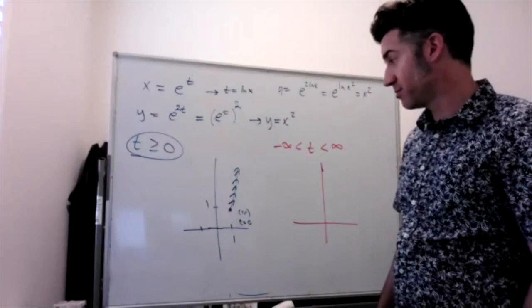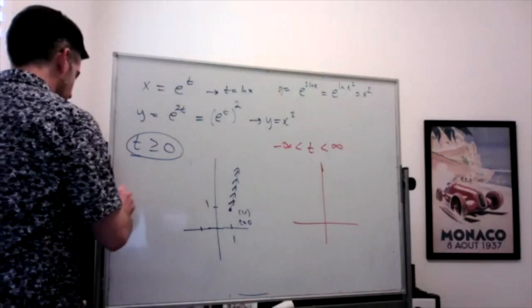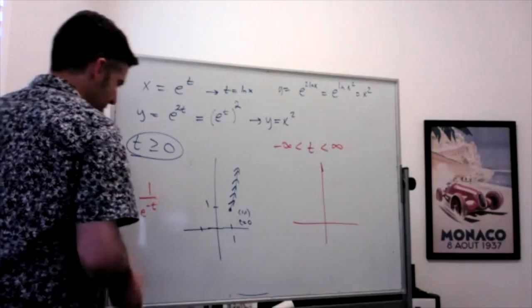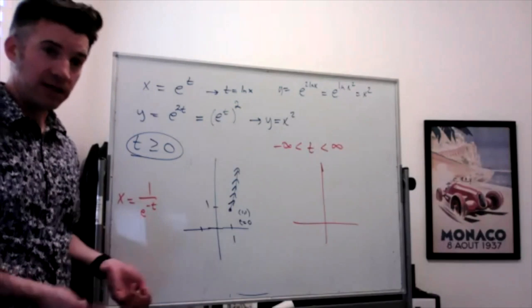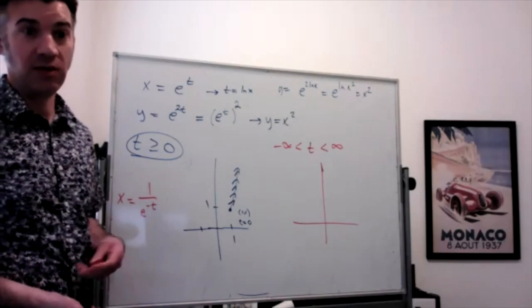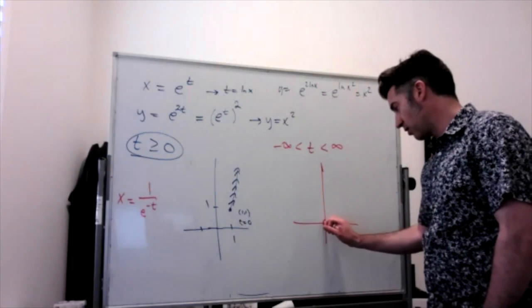Would it be like 1 over a really, really big number? Well, like 1 over e to the negative t. And if t is going to negative infinity, negative t is going to positive infinity. e to the infinity is really big. 1 over really big is really, really close to 0. So for this one, you'd be almost getting all the way to 0.